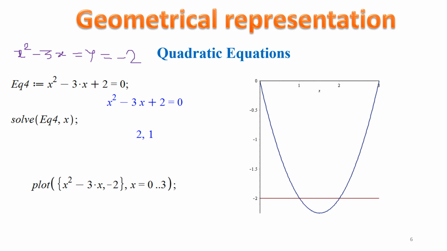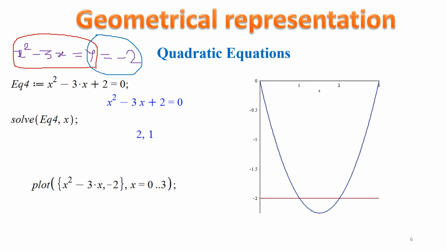So x square minus 3x equal to minus 2. This we have equated with y, and now we can plot two functions. The first function is y equal to x square minus 3x, and the second function is y equal to minus 2.